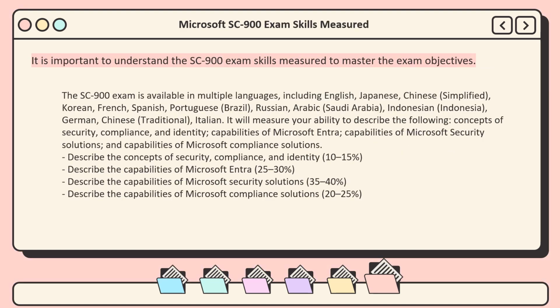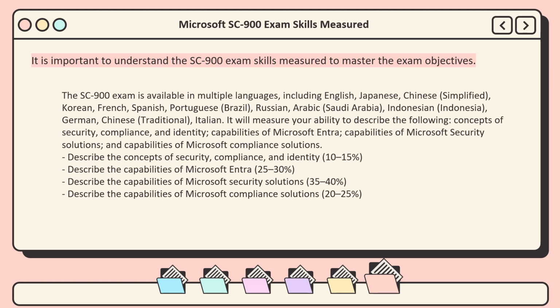It is important to understand the SC-900 exam skills measured to master the exam objectives. The SC-900 exam is available in multiple languages, including English, Japanese, Chinese (Simplified), Korean, French, Spanish, Portuguese (Brazil), Russian, Arabic (Saudi Arabia), Indonesian (Indonesia), German, Chinese (Traditional), and Italian.